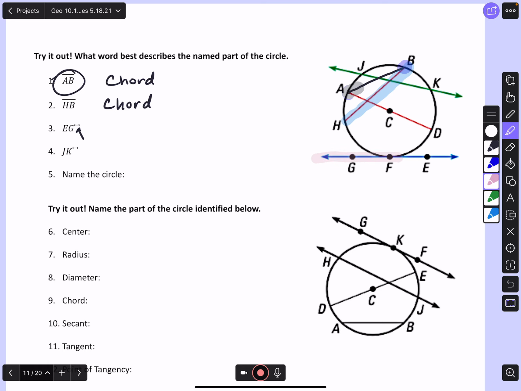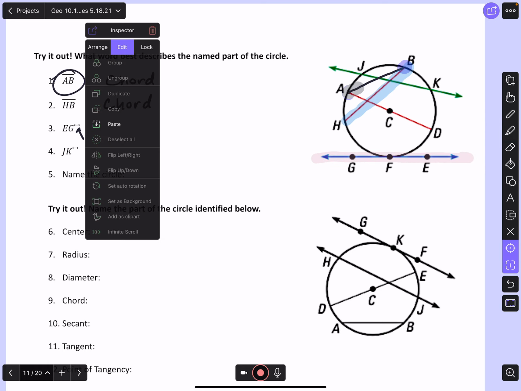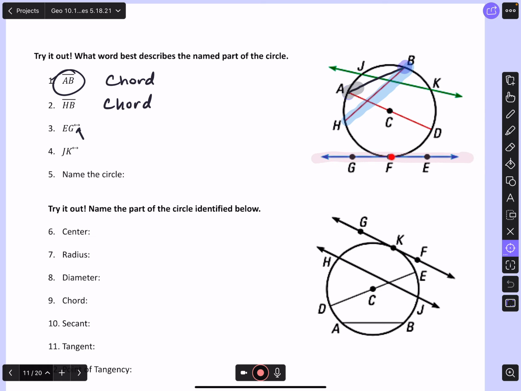Okay, here's line EG. Notice how line EG only hits it in that single point right there. So that is a tangent line. Let's see if we can find JK. JK right there, just another chord.